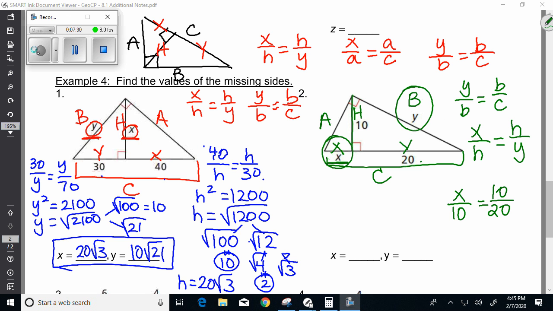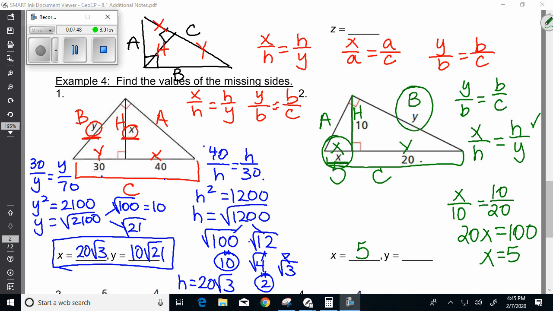So this takes care of itself. 20 times X is 20X. 10 times 10 is 100. So X equals 5.